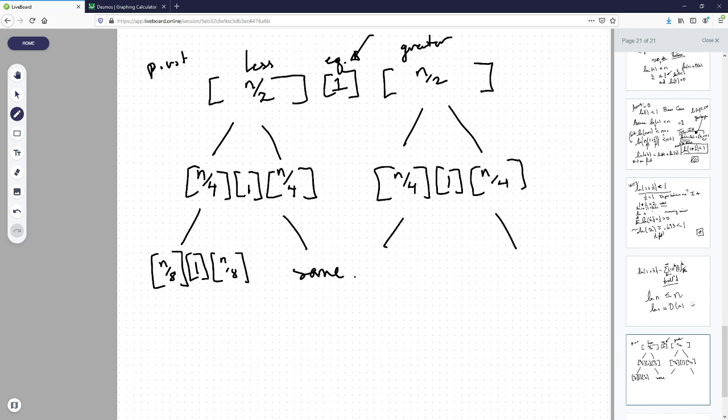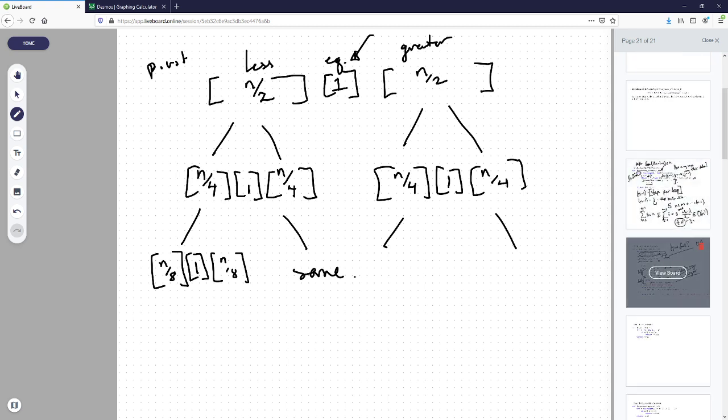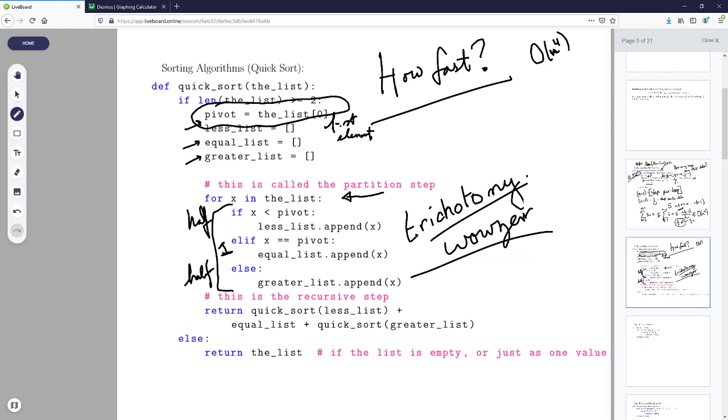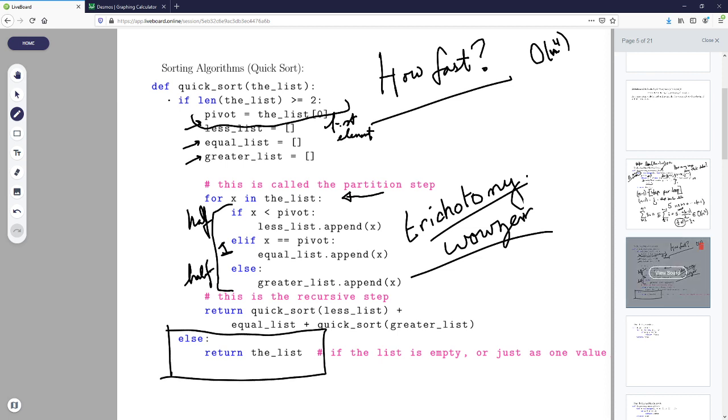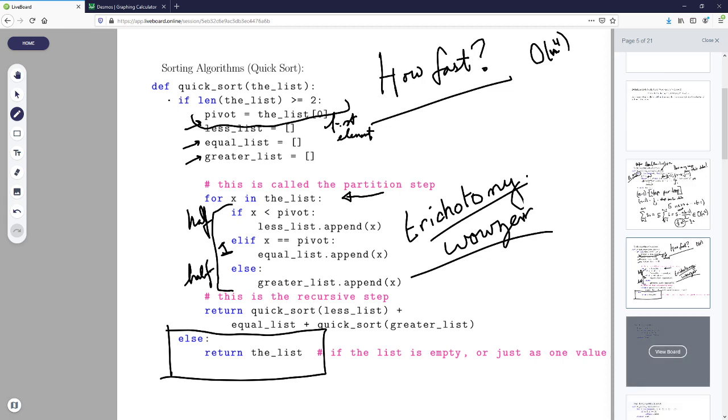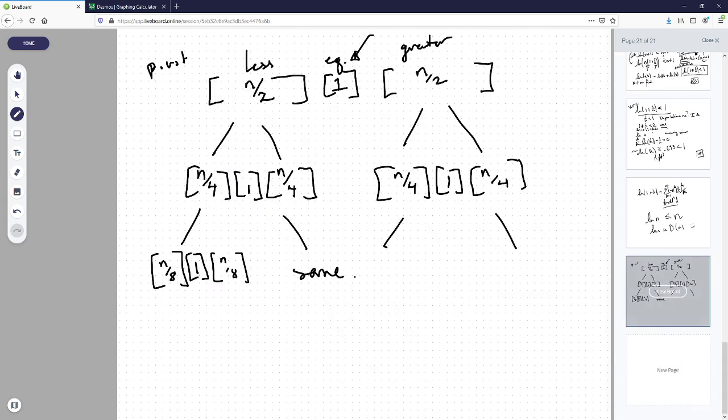So how do we know when to stop? The code basically tells us when to stop. If the length of the list is bigger than or equal to 2, then do all this stuff, else just return the list. So when the list size is less than 2, instead of doing this, it's just going to give us back the original list.